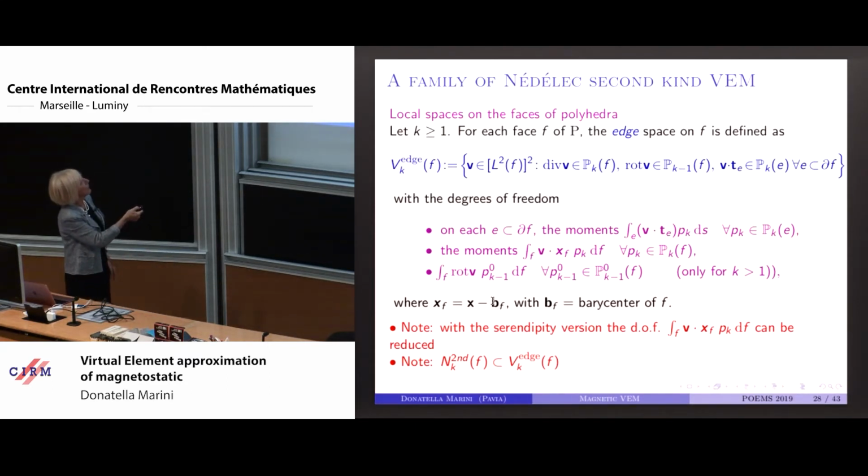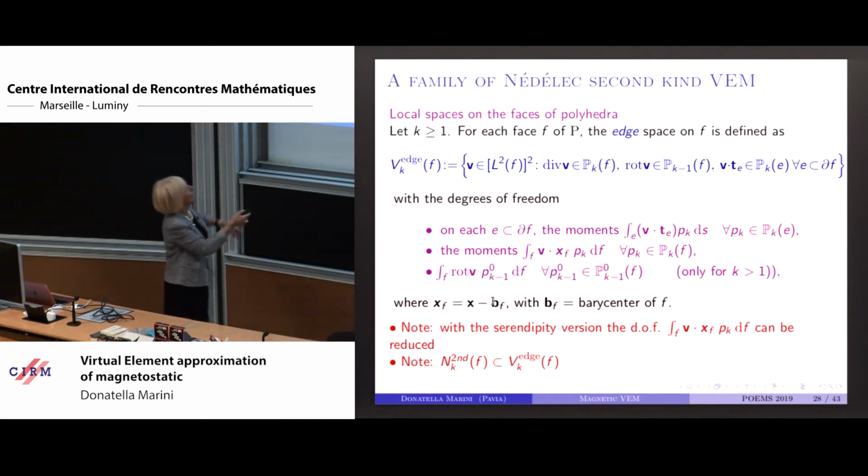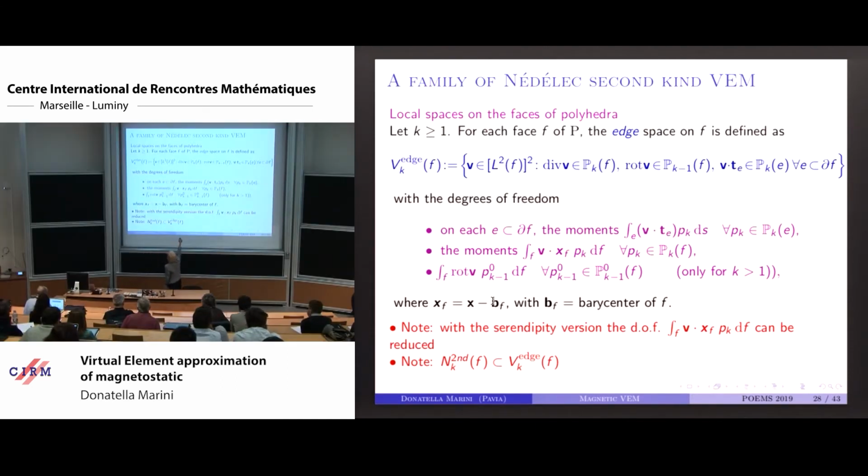And the degrees of freedom will be, on the boundary, the moments of the tangential component to individuate the tangential component, then this kind of moments inside, which are associated to the divergence, and this third one.